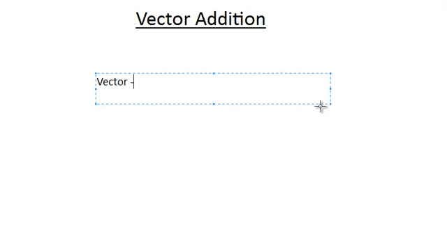Now, just a quick recap of last week's lesson. We were defining what a vector really is. So, once again, let's recap that. A vector is a quantity which has a magnitude and also has a direction.